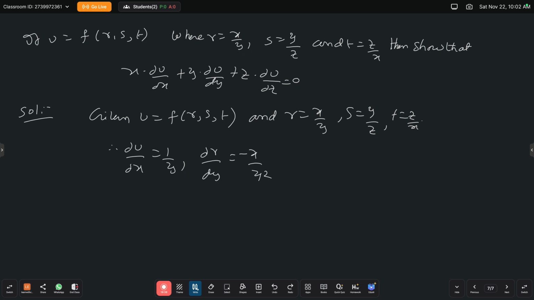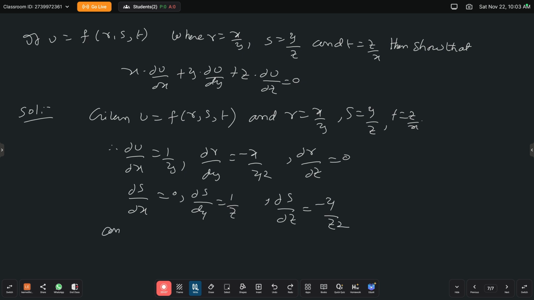Okay, next one, dou r by dou z is equal to 0 and dou s by dou x equals 0, dou s by dou y is equal to 1 by z, dou s by dou z is equal to minus y by z square.